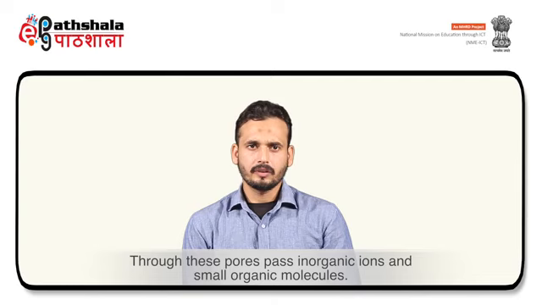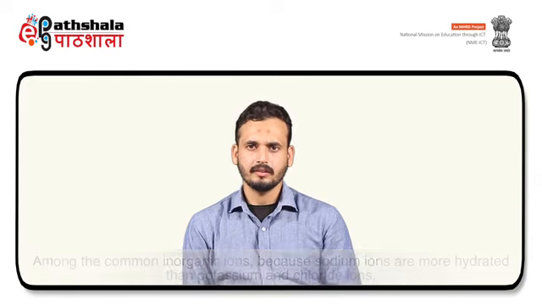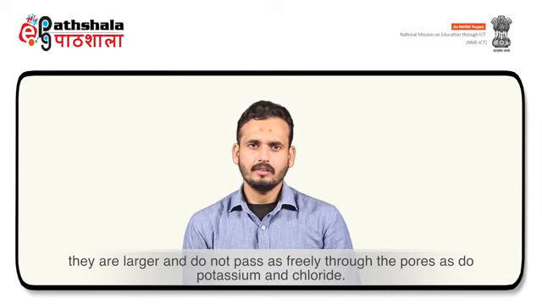Through these pores pass inorganic ions and small organic molecules. Among the common inorganic ions, because sodium ions are more hydrated than potassium and chloride ions, they are larger and do not pass as freely through the pores as do potassium and chloride.